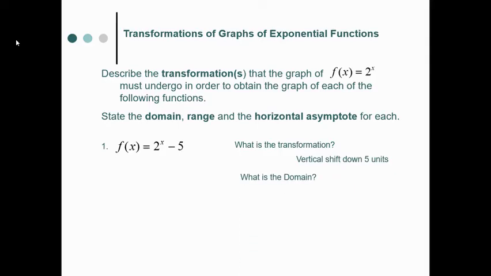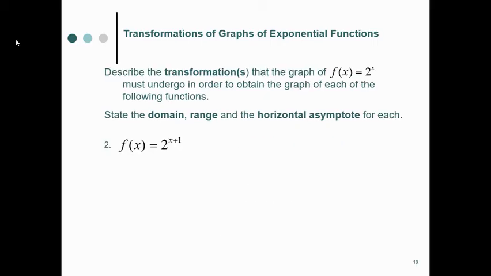What is the domain? The domain is usually negative infinity to infinity for our exponential functions. What is the range? The range in this case has been moved because we have moved vertically down to a negative 5. What is the horizontal asymptote? That's right, the horizontal asymptote is negative 5.